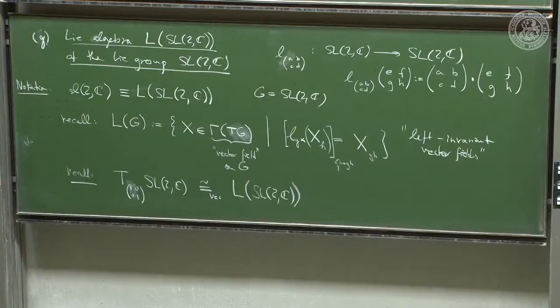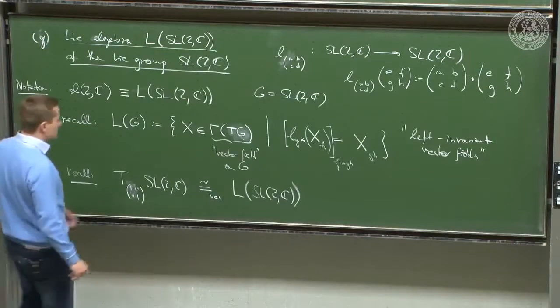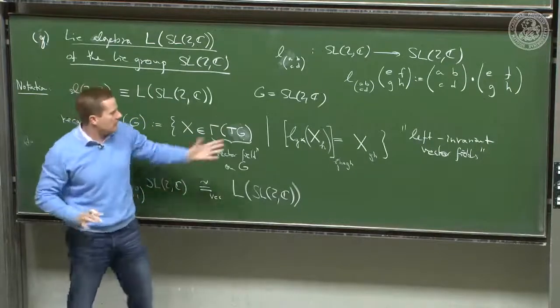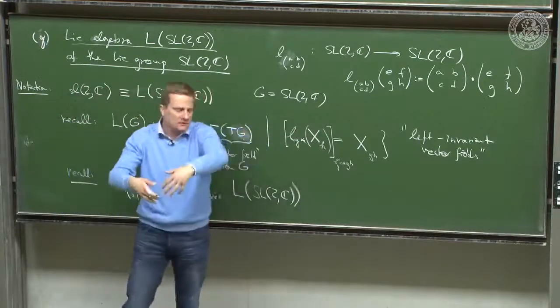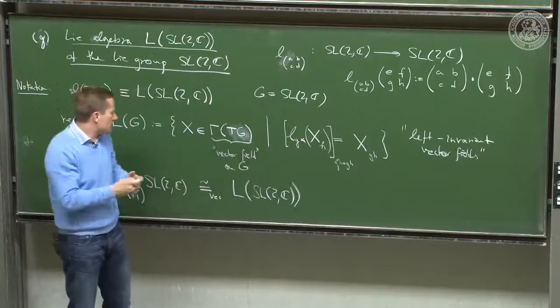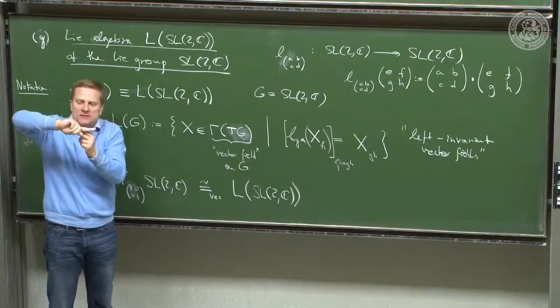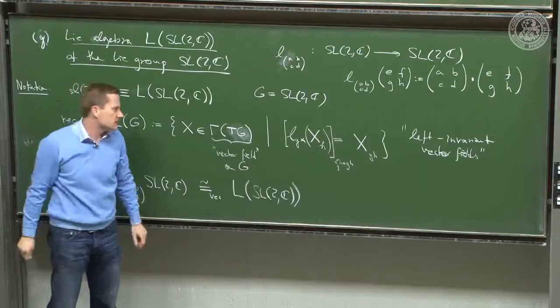Now, why is this interesting? Well, it's interesting because rather than looking at vector fields, even though very special vector fields on the entire group, I rather look only at one vector in the tangent space or another vector in the tangent space.